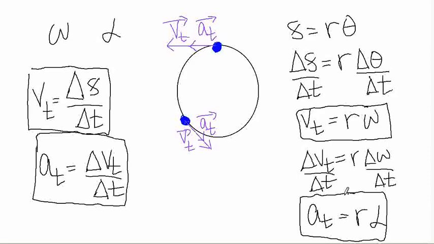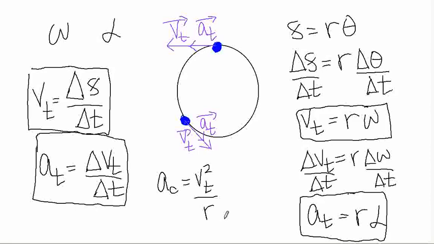Now, let me relate the centripetal acceleration to omega. You may recall that for the motion of an object in a circle, the centripetal acceleration is equal to v squared over r. I'm going to put a subscript t because that's what the v in the centripetal acceleration equation is. It's the tangential velocity component. Okay, so a sub c is equal to v squared over r.